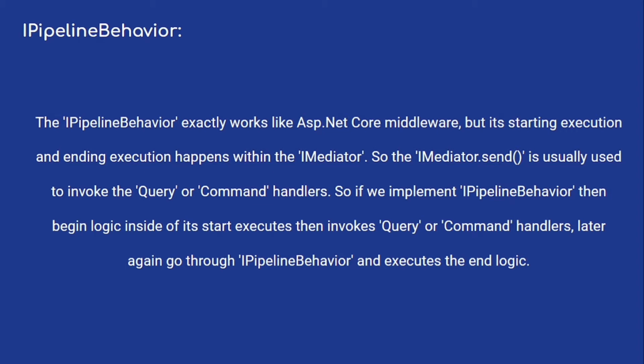Suppose I use the IMediator.Send method. At that time, instead of directly invoking the handlers or a query, if we have an implementation for IPipelineBehavior, then it will first execute the starting logic of the IPipelineBehavior until await next, the response handler arrives. We can understand that when we write the code.